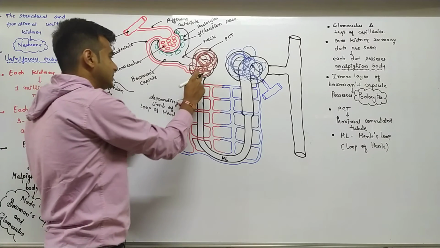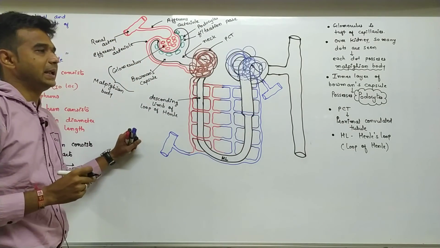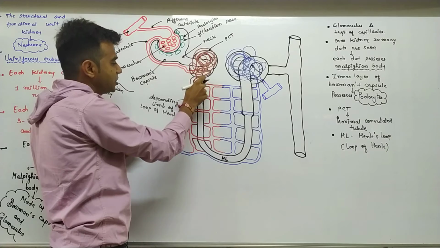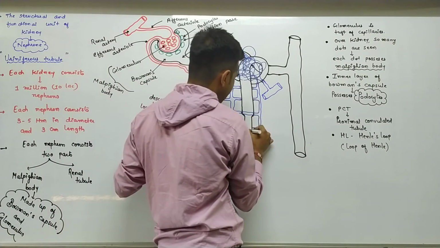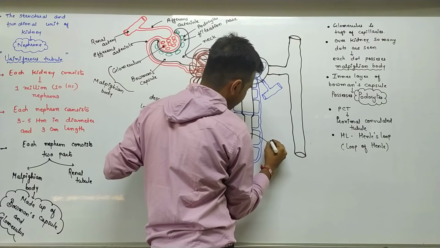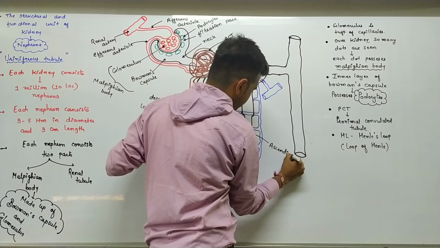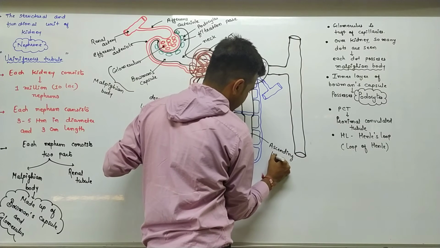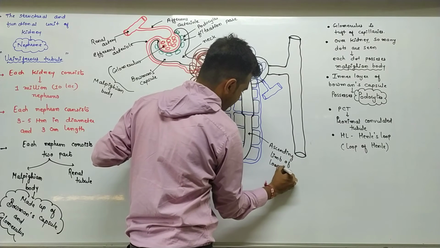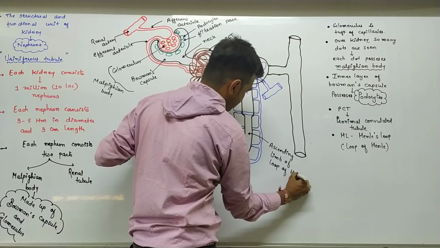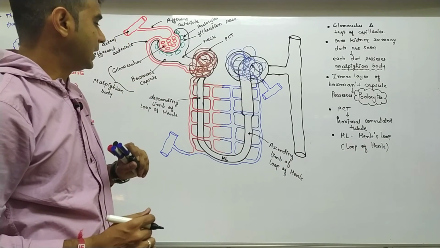This whole region is the U-shaped region, that is loop of Henle, but the initial portion is known as the descending limb. Now this region is known as the ascending limb of loop of Henle.